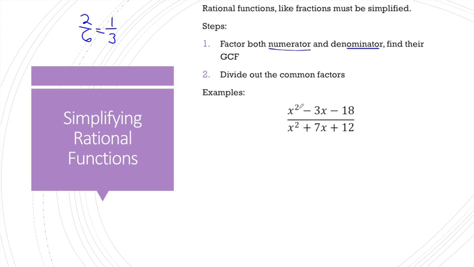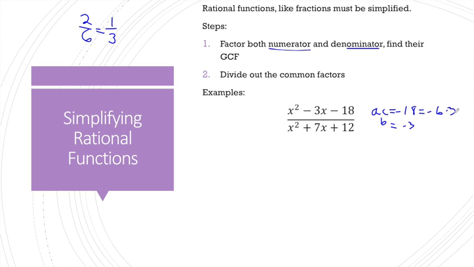I have x squared minus 3x minus 18. So I need to find the factors of AC, which in this case is negative 18, that add up to b, which is negative 3. So the factors of negative 18 that add up to negative 3, that's going to be negative 6 times 3.